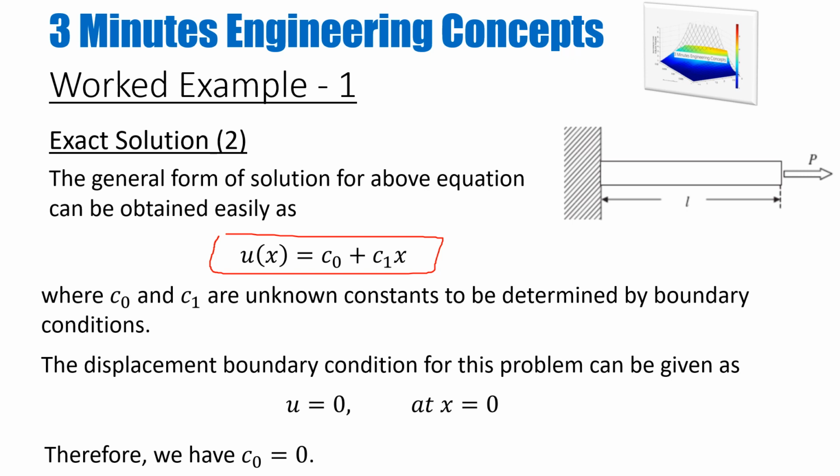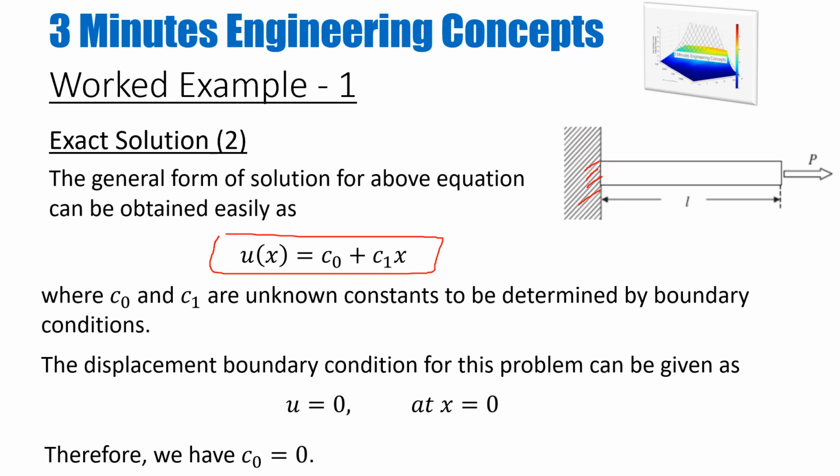Generally they should be determined using boundary conditions. In this case, our boundary condition is that at x equals 0, your displacement is 0, and at x equals L, your load is P. So we have two different boundary conditions.